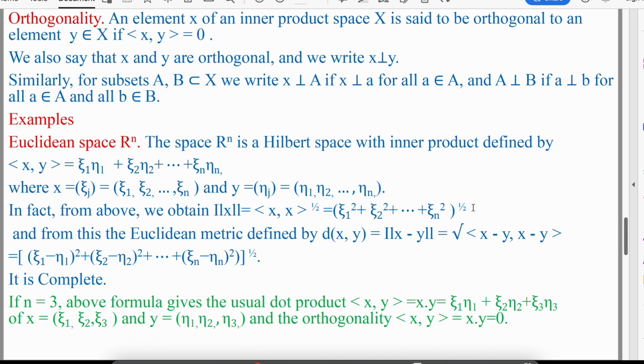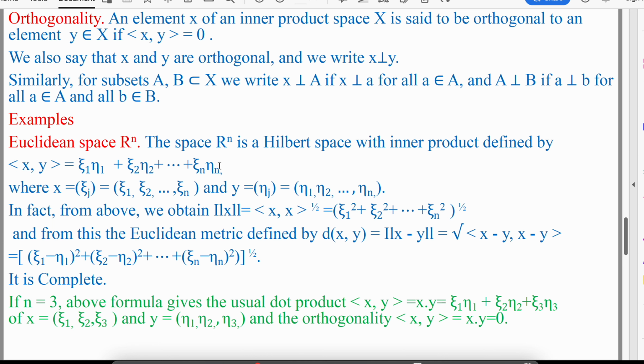And we define the Euclidean metric like this: norm x minus y equal to the square root of the inner product of x minus y with x minus y, and on simplification it will come out to be the square root of (xi1 minus eta1) whole square plus (xi2 minus eta2) whole square, and so on up to (xi n minus eta n) whole square. And this Euclidean space Rn is a complete Hilbert space.